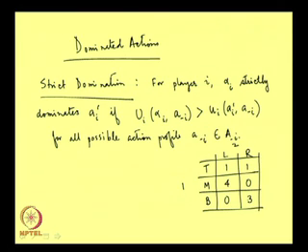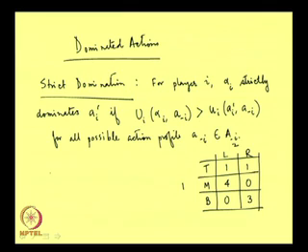Likewise, we can take any other pair and we can see that no action is dominating any other actions, no strict domination is there. But if we consider now mixed strategy of player 1, then we can in fact see that T can be strictly dominated. For example, let us take alpha 1 to be 0.5 M plus 0.5 B. So, if 0.5 M, 0.5 B is the mixed strategy of player 1, then what is his payoff?